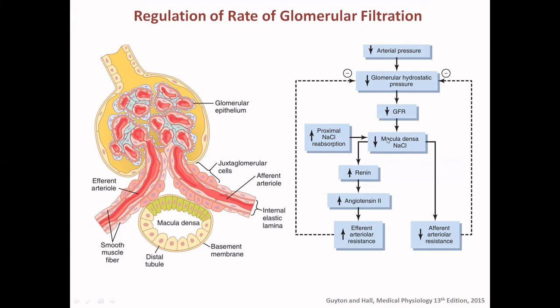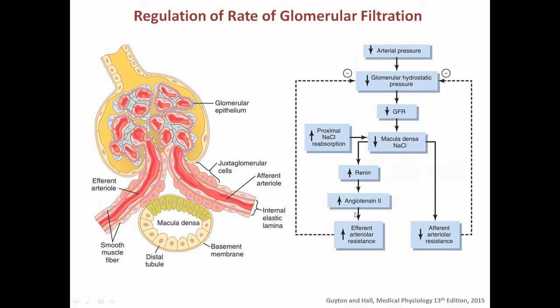So one is based on the sodium concentration, and it is hormonal, angiotensin 2, and another is the afferent arteriolar resistance will decrease. So this resistance will decrease, so more blood will flow, and if more blood flows, there will be more glomerular filtration.